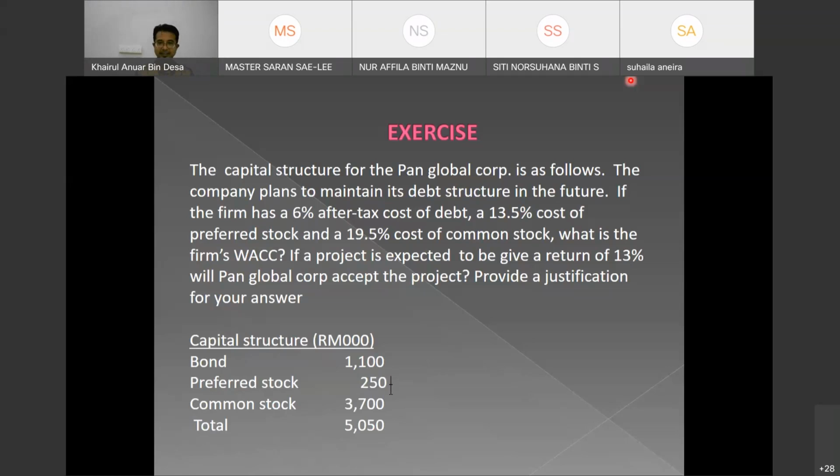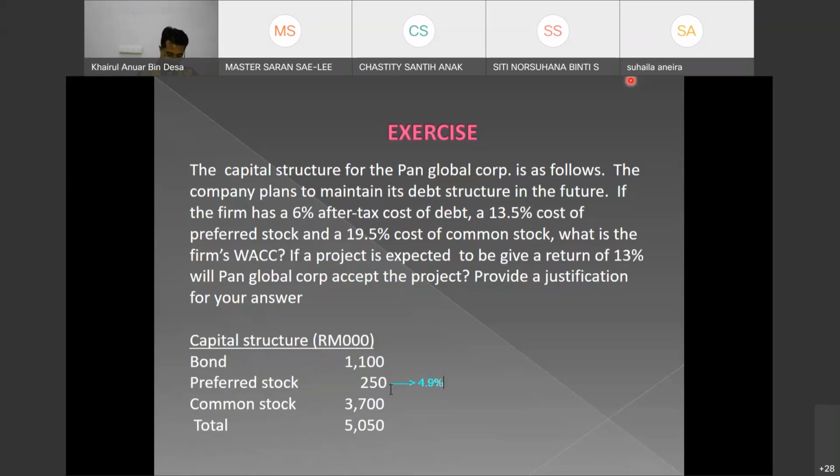Yes sir. Berapa preferred share, preferred stock in our capital structure? What is the percentage of the preferred stock in our capital structure? 4.9. Sorry? 4.9 percentage. Confirm 4.9%. Yes, sir. Alright.